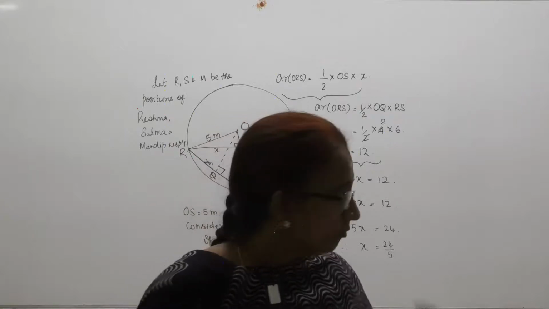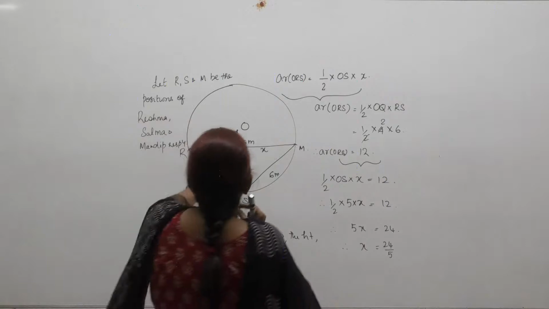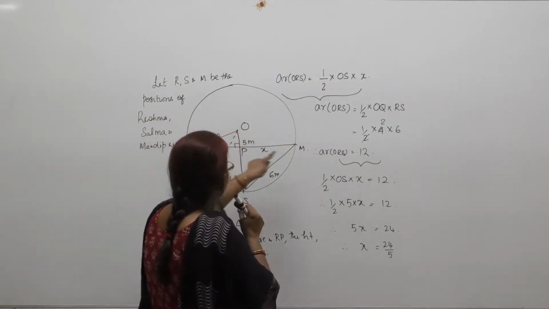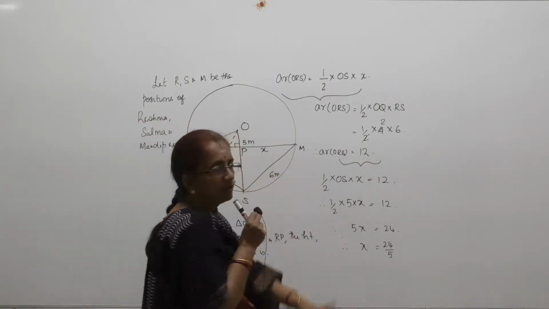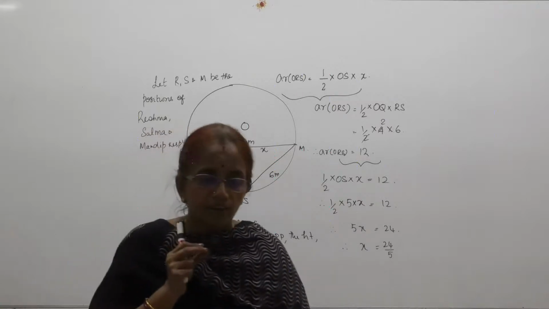Okay, so if you find out the value of x, then what is the distance between Reshma and Mandeep? It will be 2 times x, which will be 48 divided by 5.